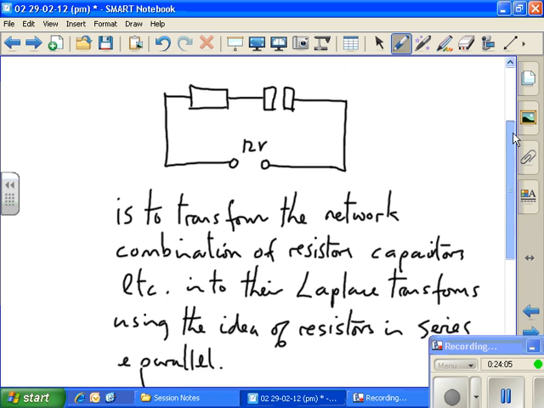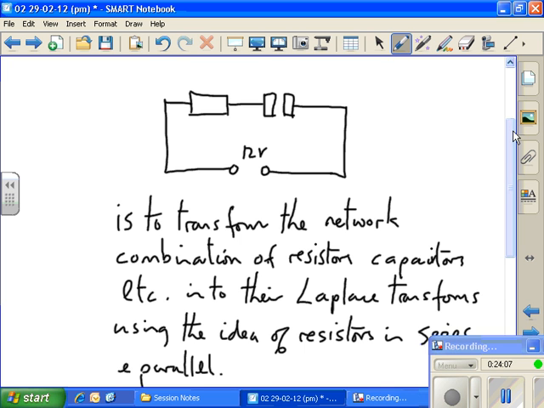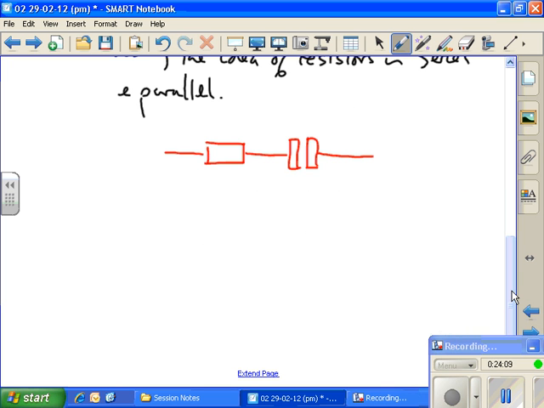So we've got this network. Let's put some values on it. A 20 ohm and 10 farad. Start off with some nice easy values, okay? Obviously, in the end, we're going to have to use these ideas, but with much smaller numbers.